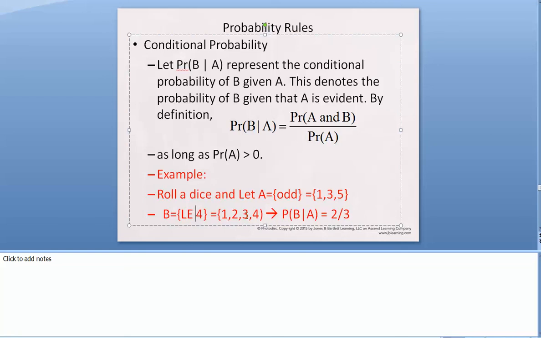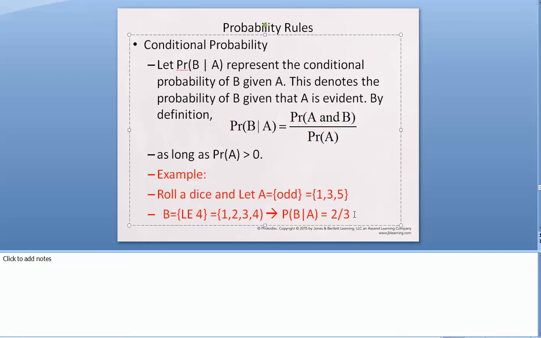Only these three are possible, and out of these three, what will favor this event, less than or equal to 4? Only 1 and 3. So there are only two outcomes favoring this event under this condition. So the probability will be 2 over 3.